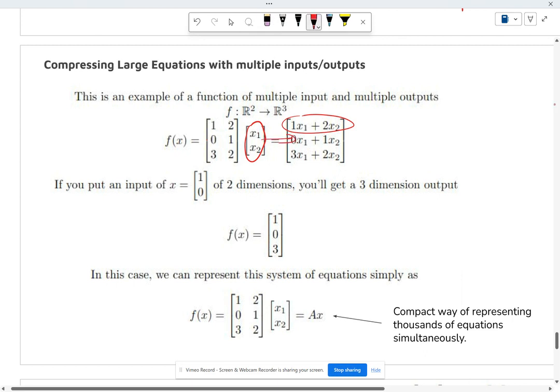And we do it again. That's how the third equation is formed. Okay? So now this is equivalently saying that you have input of x1, x2, and you have output of 3 possible dimensions. That's how we got the input and output.